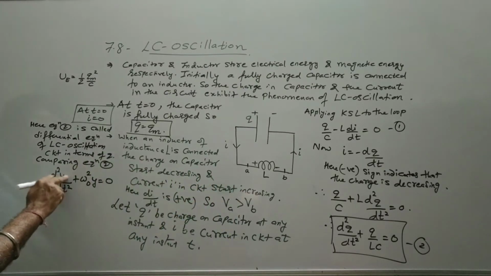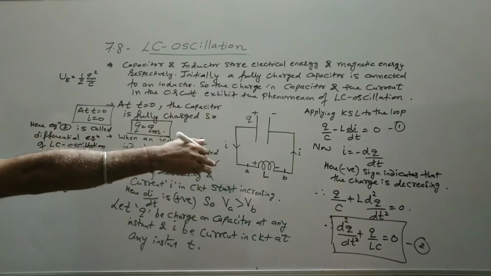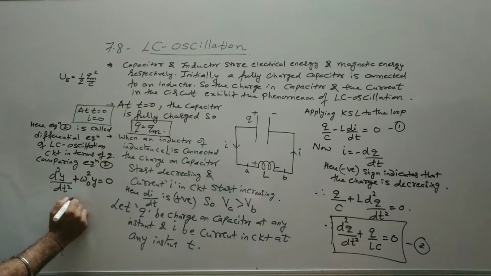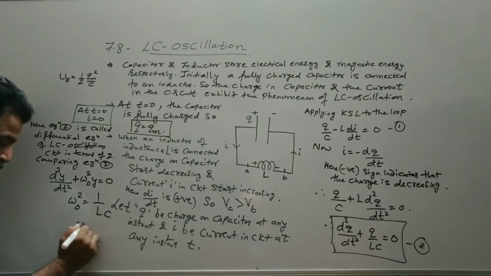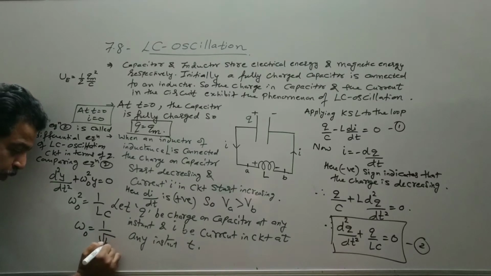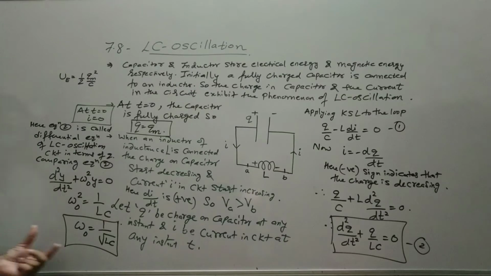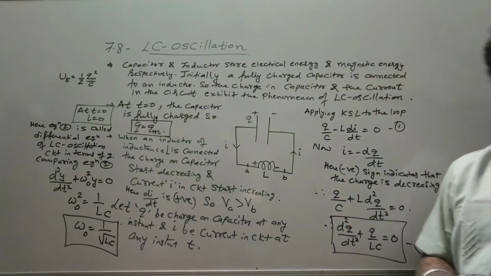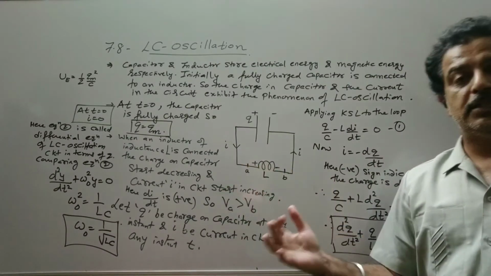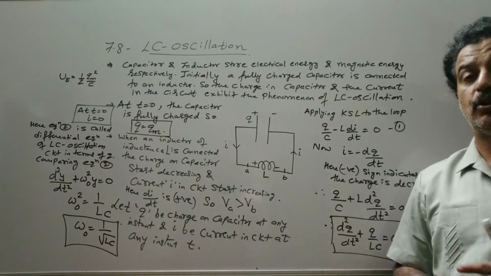So whatever role was played by the displacement in the simple harmonic motion, the same role is played by q. It oscillates between C and L. So comparing, we get omega naught square is equal to 1 upon LC. So omega naught is equal to 1 upon under root LC. So if this circuit is oscillating, its angular frequency is equal to 1 upon under root LC, and omega is equal to 2 pi f. So I can find out the frequency of this LC oscillation circuit also.